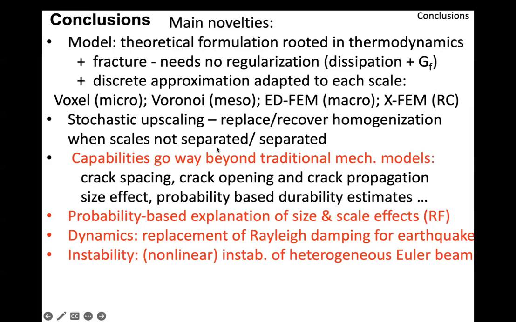So I illustrated a number of things with the idea to go all the way to the fracture model, where the reduced modeling has not been done successfully. So to give you some indication of how you can build this fracture model using probability, which is the main tool of artificial intelligence, and also to give you an illustration of how you can capture and quantify the size effect, the scale effect, and stability of heterogeneous beams and things like that.